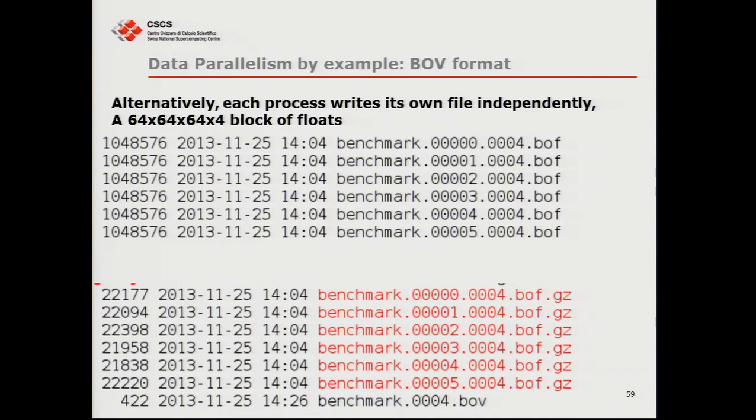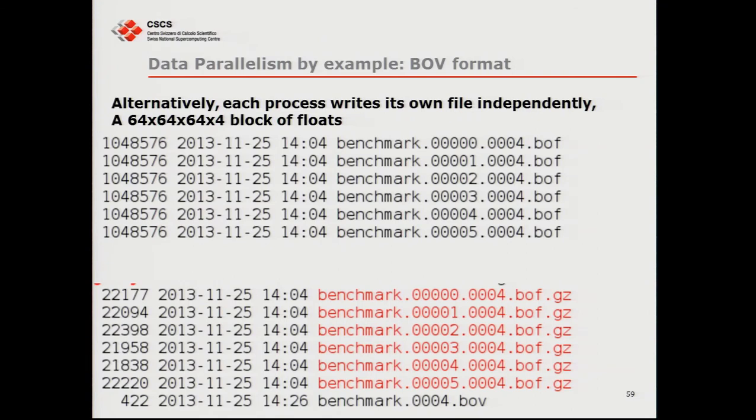In this case, I have an example here of this BOV format, which is this brick of values. If you keep in mind the little simulation I showed on the screen earlier with 12 and 4 processors, this 2D heat equation solution. Okay, if every processor writes its own file, I end up with something like this: one file per processor.